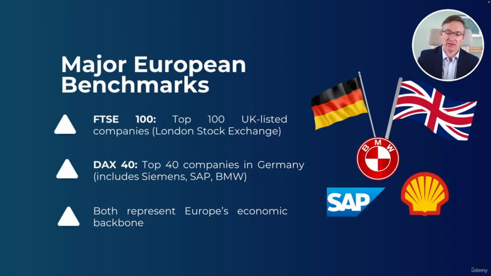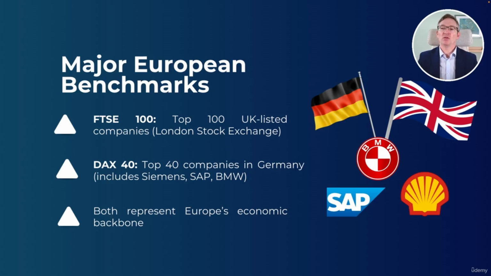The DAX 40 covers the 40 top companies in Germany, BMW, Siemens, SAP. It's kind of the benchmark for the Eurozone's largest economy. And you could also look at the Eurostoxx index, which is a broader European index. And for France, you could look at the CAC 40, which represents 40 large companies in France.